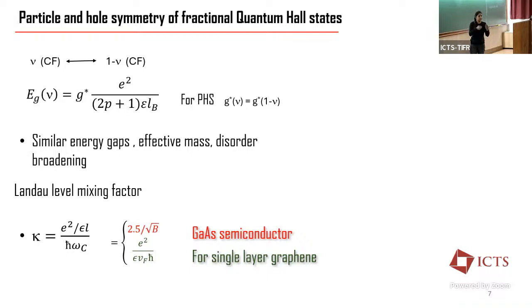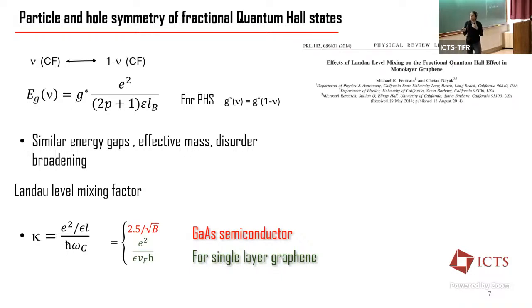We can put it on SiO2, in vacuum, or even on an HBN substrate. This will completely change the Landau level mixing factor. For example, in vacuum, the Landau level mixing factor is 2.2, and in the case of HBN, it drastically reduces. It becomes 0.4 to 0.5, and that is why we can realize the particle-hole symmetry in HBN substrates.